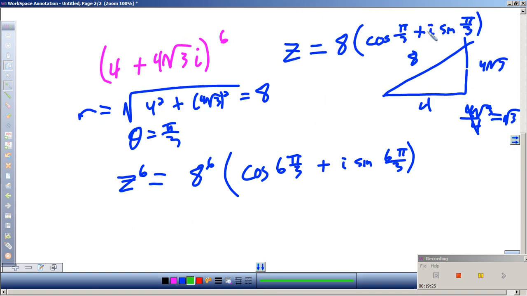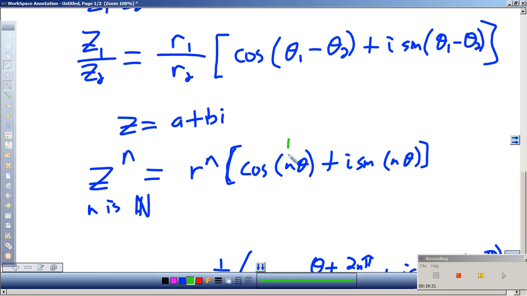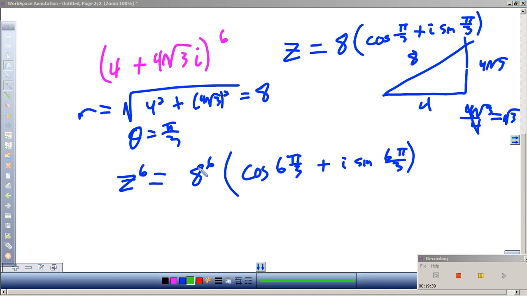Yeah, that's our formula back here. We're putting in whatever number we had here. Okay. So what's 6 times pi divided by 3?